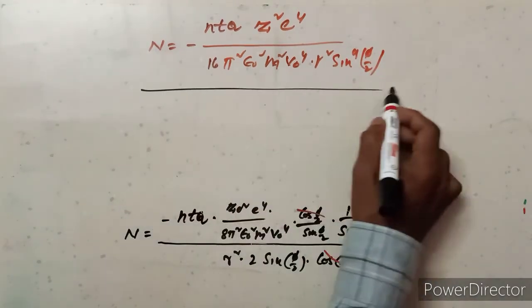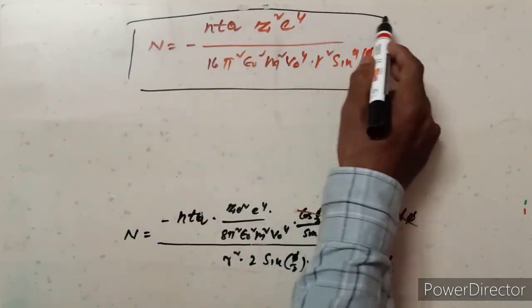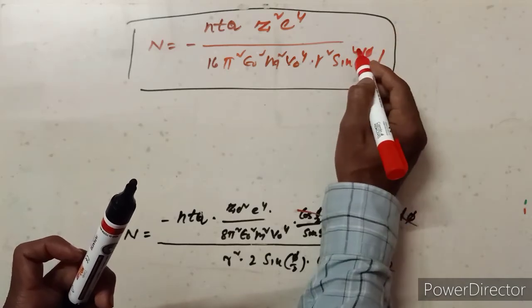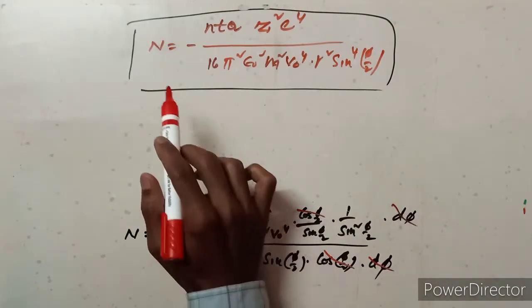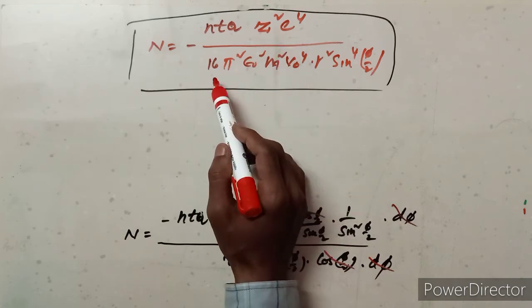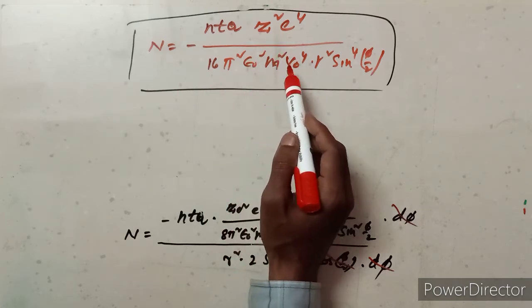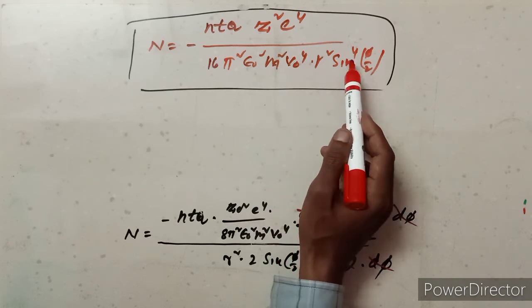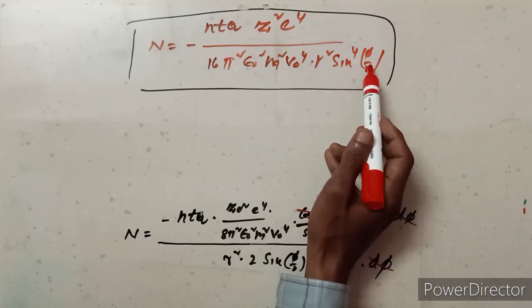So this is the scattering formula: N·t·q Z square e to the power of 4 upon 16 pi square epsilon naught square m square v naught to the power of 4 r square sin to the power of 4 phi by 2.